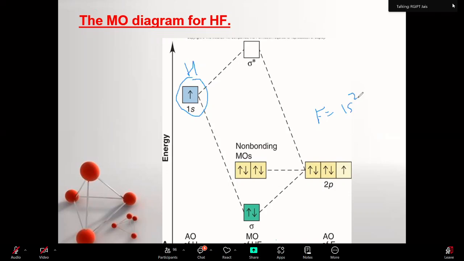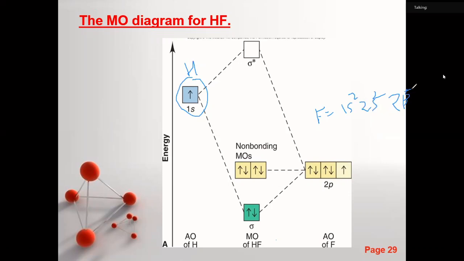Here 2s2, 2p5, total 5 electrons in this case, and 1s.